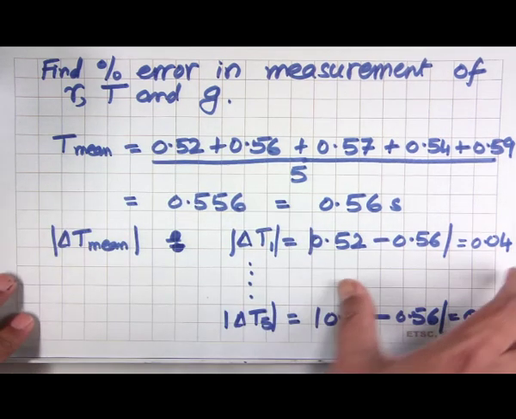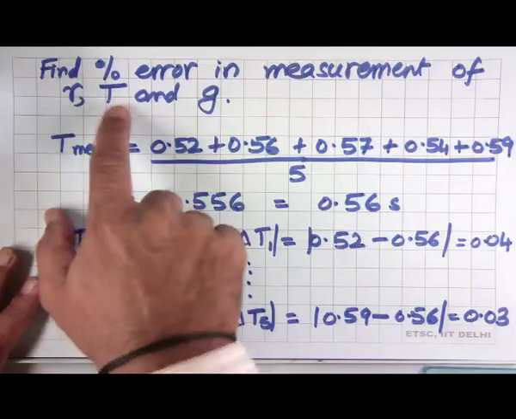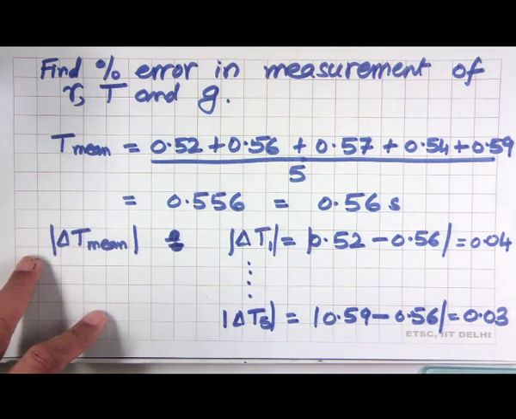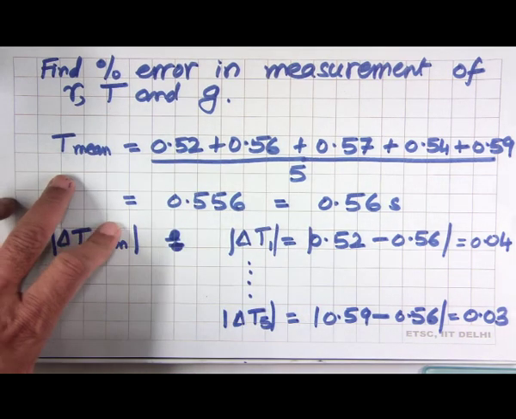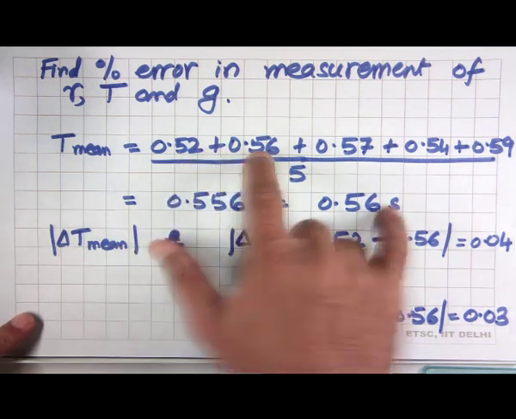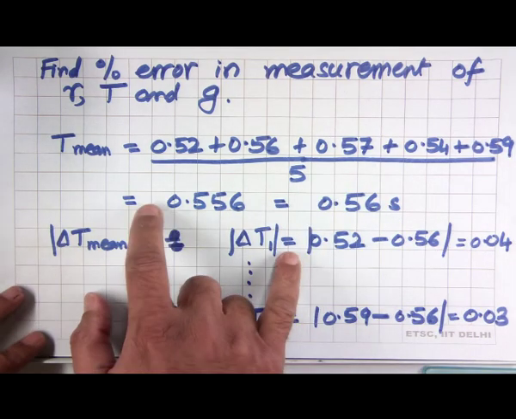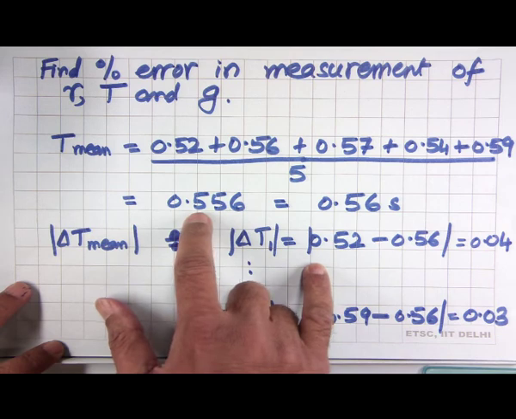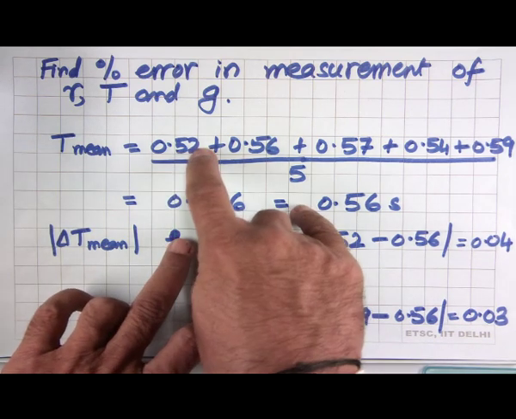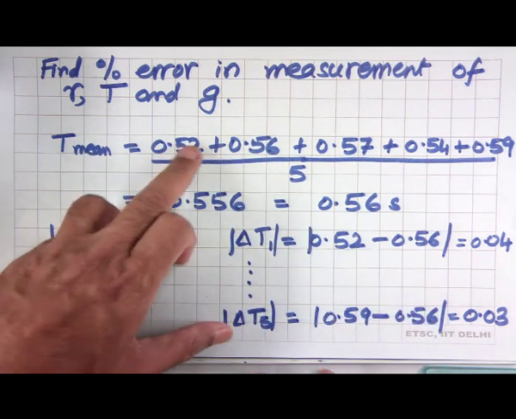So, what we do is, we look at the first, the value of T is given to us as repeated experiments. So, we calculate the mean value of the time period, and we add up all the 5 given data, divide that by 5. So, we get T mean as 0.556 seconds. But we realize the original data is given to us correct up to 0.01 seconds.